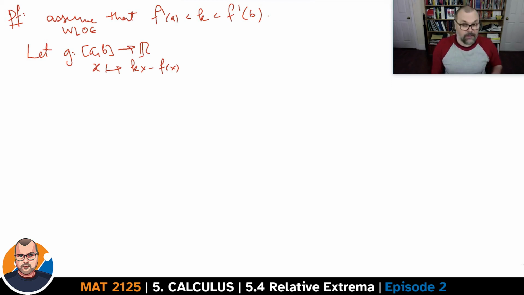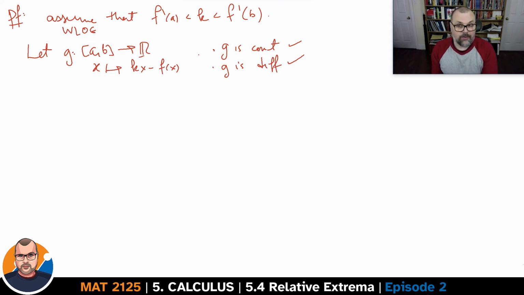This function is continuous. Well, f is continuous, and k times x is continuous, and here we have a sum of continuous functions. So g is continuous. Great. It is going to be differentiable as well. How so? Well, f is differentiable, and k times x is differentiable. So the sum of kx and minus f(x) is also differentiable.